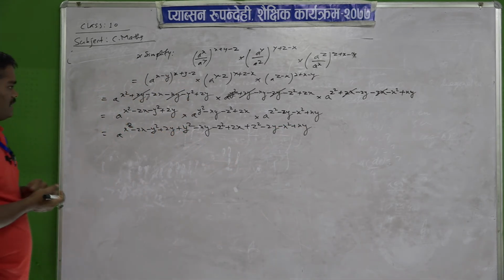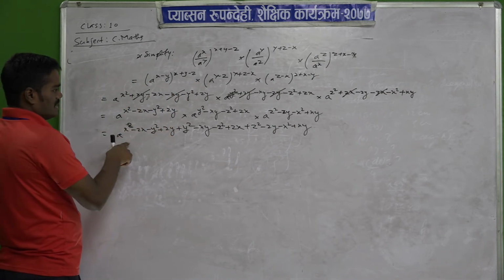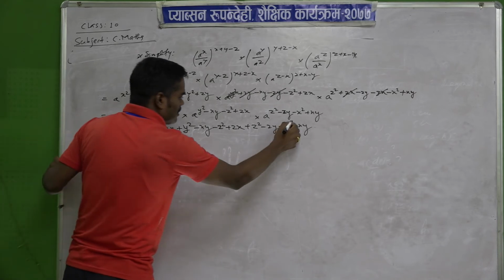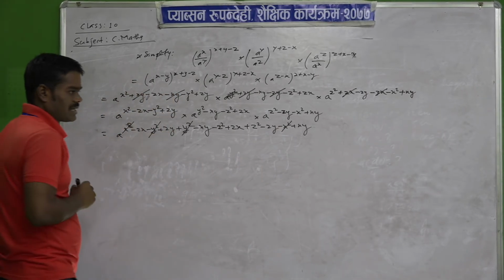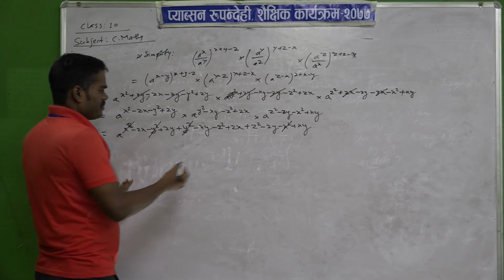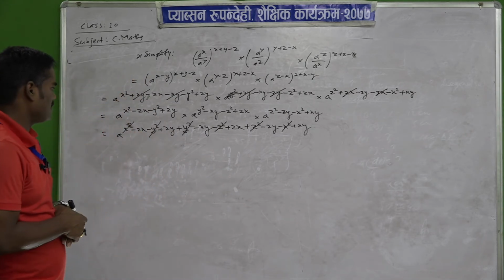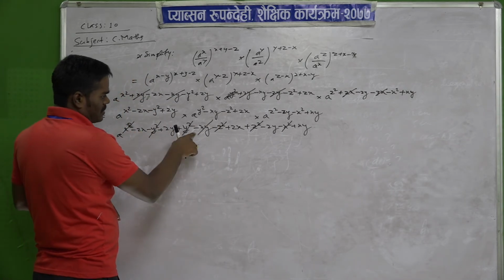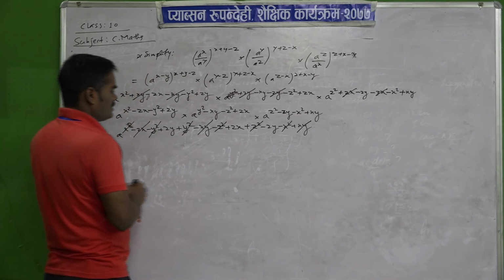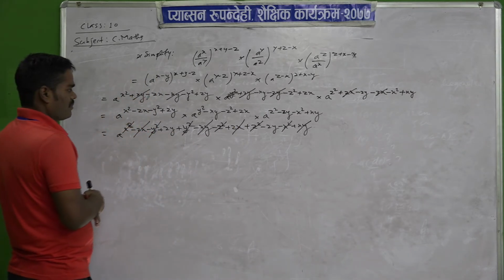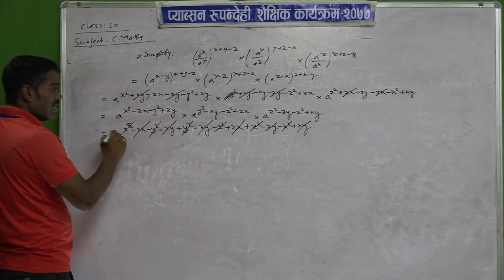See there, are there any like terms having the opposite sign? So cancel them. Plus x square minus x square cancelled, minus y square plus y square cancelled, then minus z square plus z square cancel, and then minus xy plus xy cancel, minus zx plus zx cancel, plus zy minus zy, all of them are cancelled by subtracting.